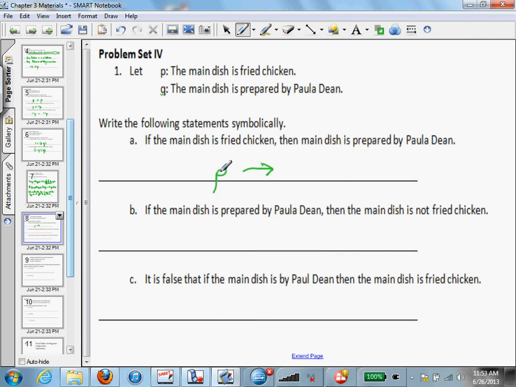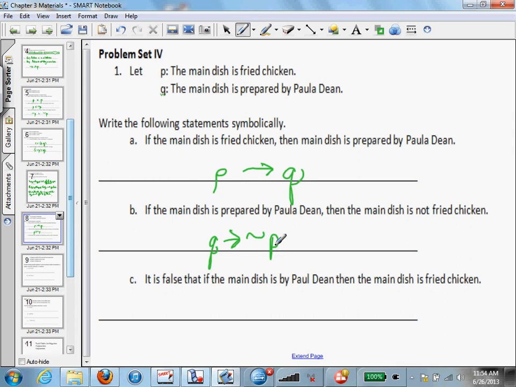So for this we have P, the main dish is fried chicken, and then the dish is prepared by Paula Deen. If the dish is prepared by Paula Deen, then the dish is not fried chicken. So if the dish is prepared by Paula Deen, that would involve statement Q. If and then, the dish is not fried chicken, so it is not P.